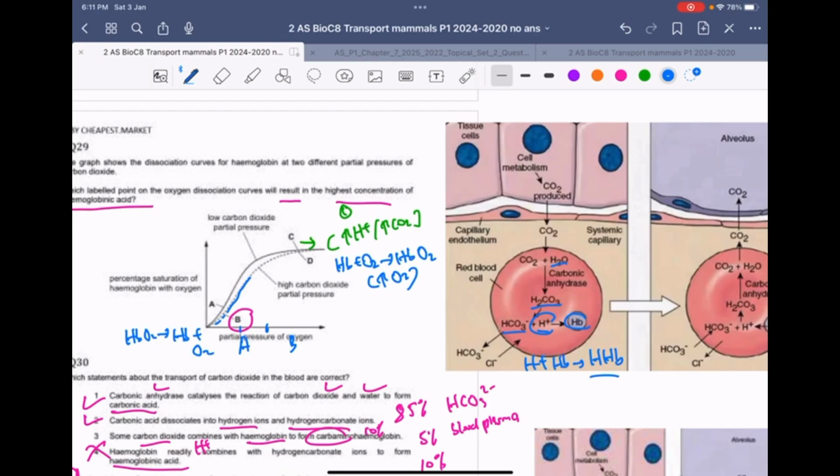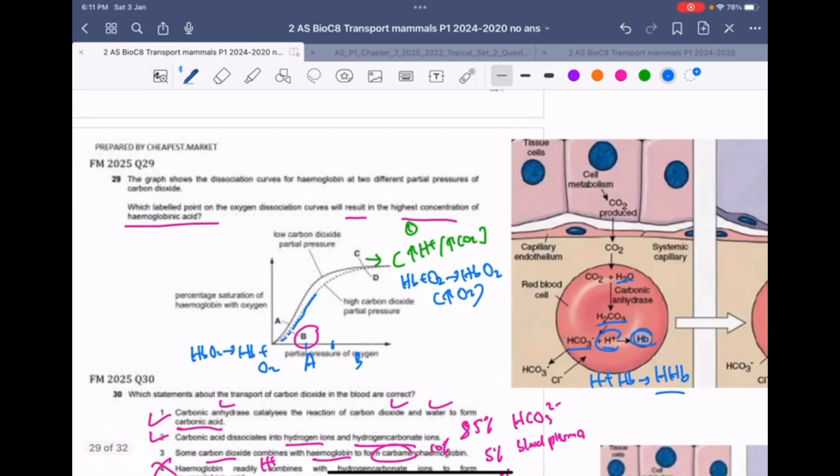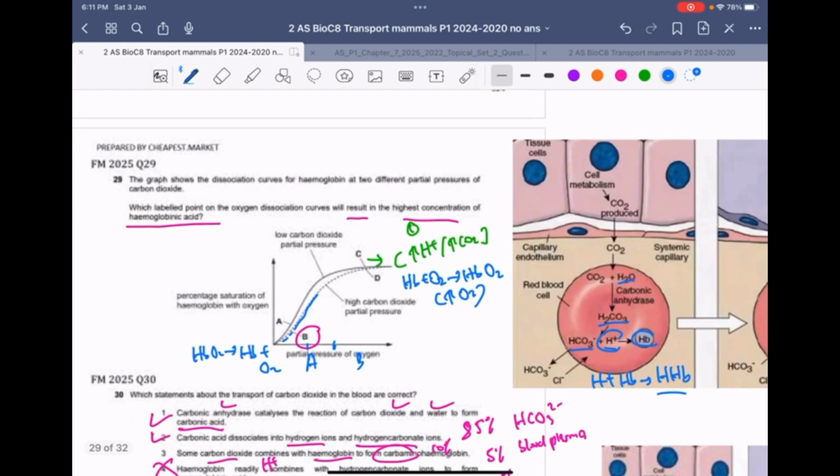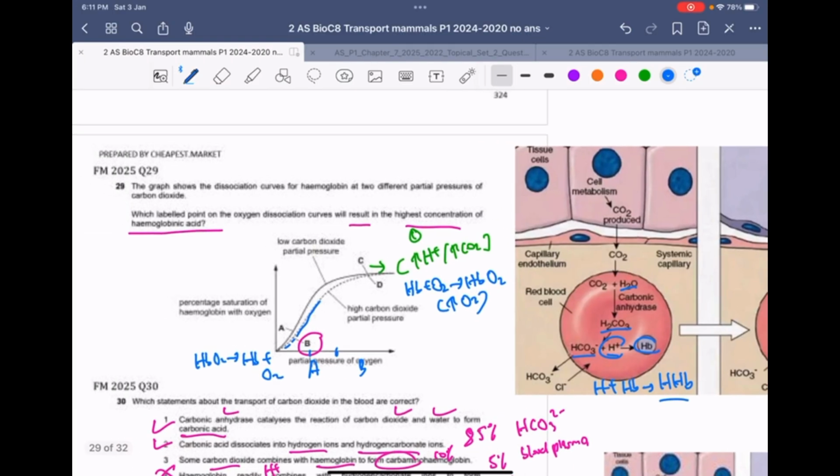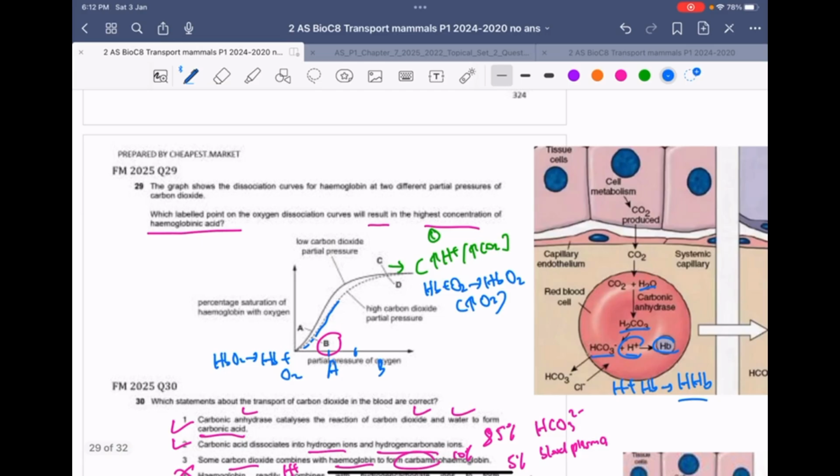So hemoglobinic acid is produced as a result of carbon dioxide being carried by the red blood cell. This happens when the carbon dioxide concentration is very high, but the oxygen concentration is very, very low. So the answer is B.